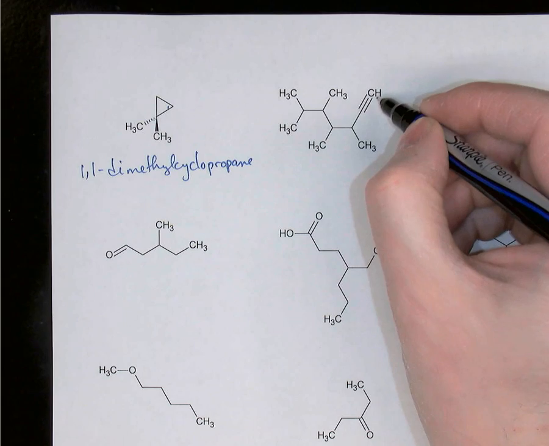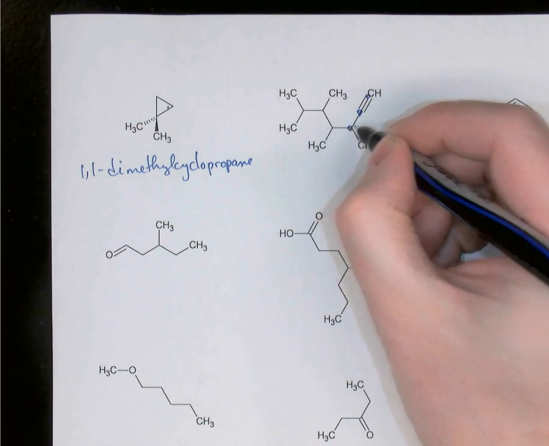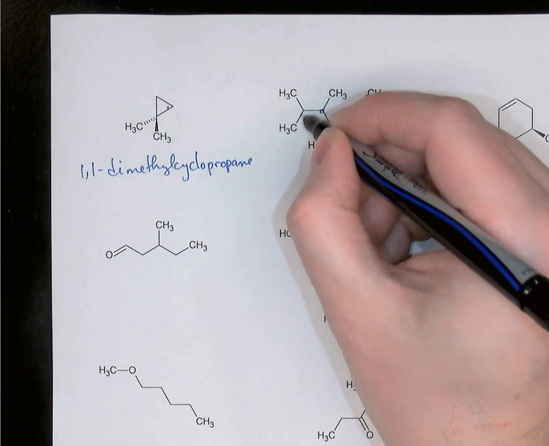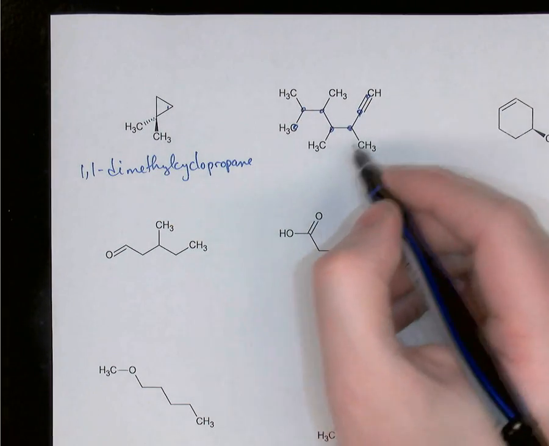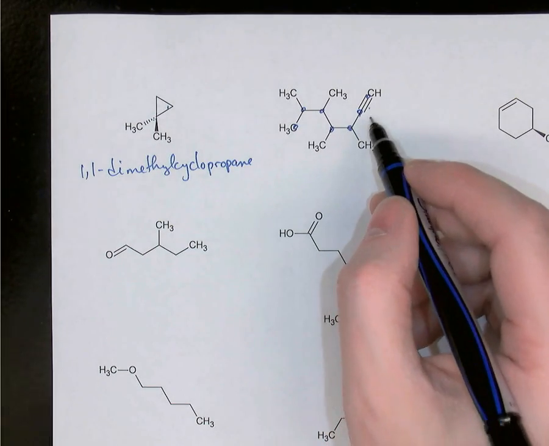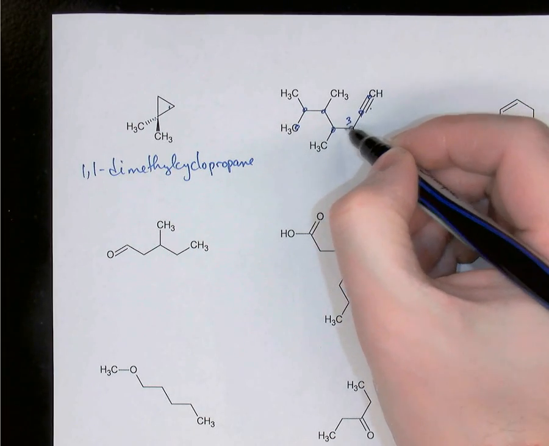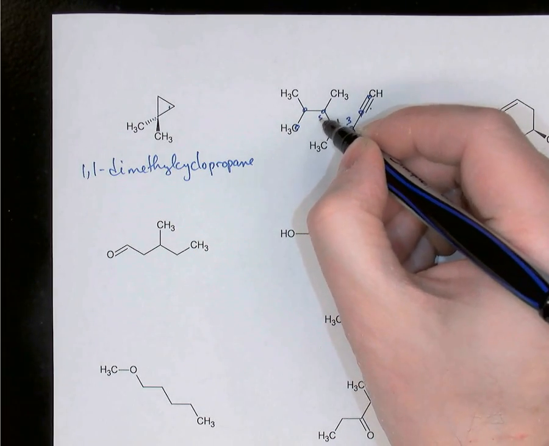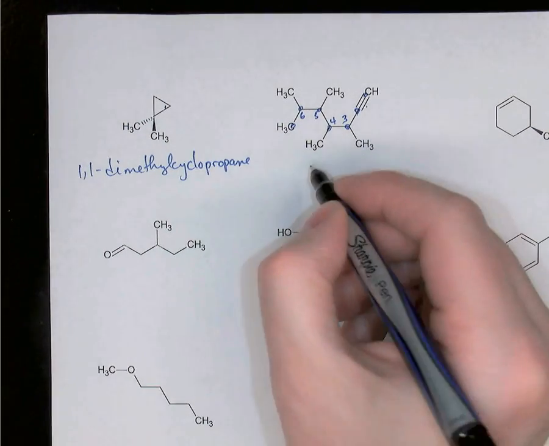Next we have an alkyne with 1, 2, 3, 4, 5, 6, 7 carbons. The first bond is the triple bond, so it's hept-1-yne. And then 1, 2, 3, 4, 5, 6. We have 4 methyl branches.